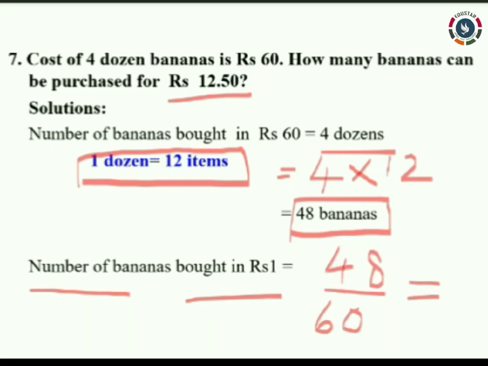So do cancellation. Both are divisible by 6 table. Yes. So 6 8s are 48. Here you have 10. Again I am going to divide by 2. You will get the answer as 4 by 5. Keep as is. No need to do any decimal division and all. So the number of bananas bought for 1 rupee is 4 by 5.